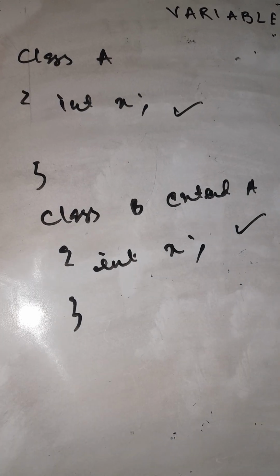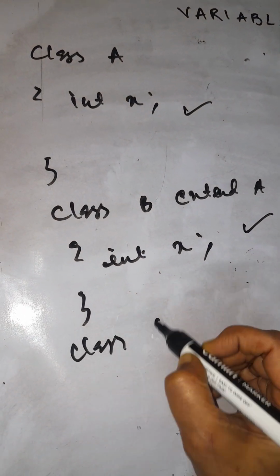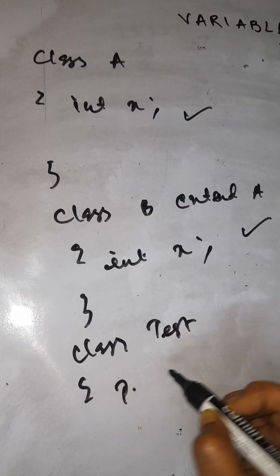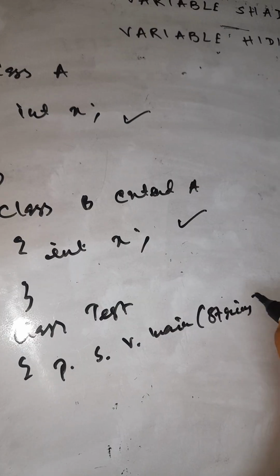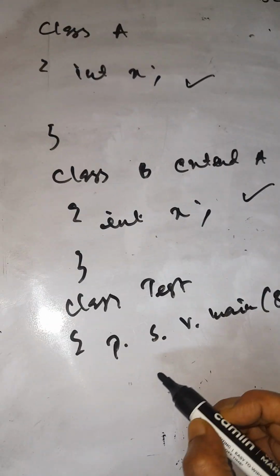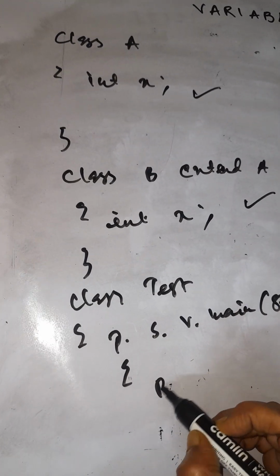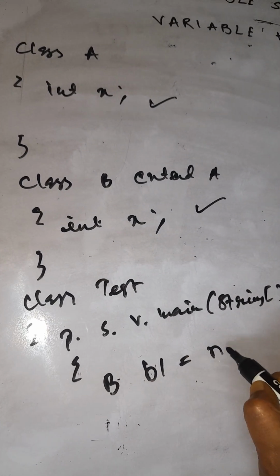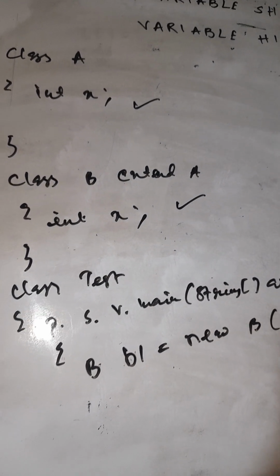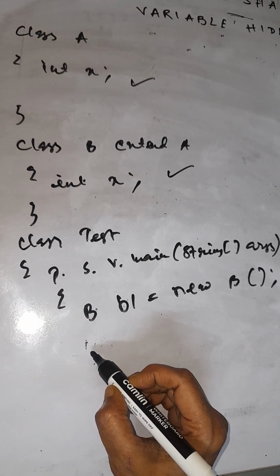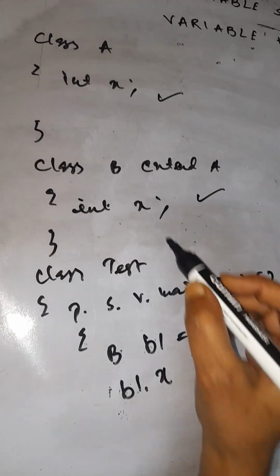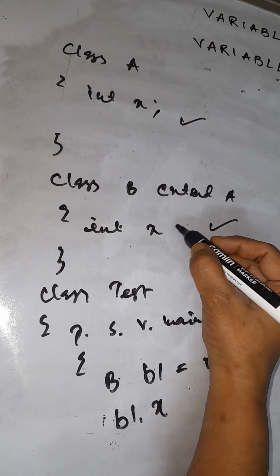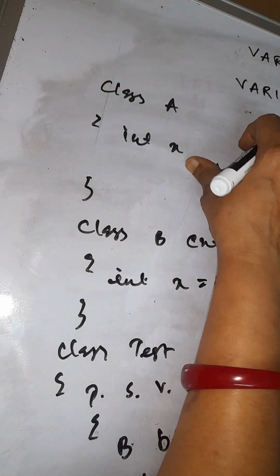So how do you implement this? If you have one class Test, and within this class Test I have the main function. Within the main function I declare one object of the child class: b1 equal to new B. This is the child class object. Now if you want to print b1.x, maybe this x is initialized with the value 20 and the other x with the value 10.